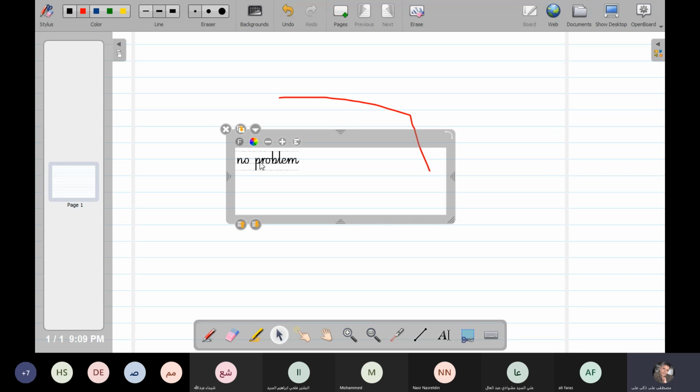What happens is that when we need to connect the two words together, we pronounce the last vowel here with the first consonant in the second word. We don't say "no problem" separately. We say "no problem", as if they have become one word. We link them together.